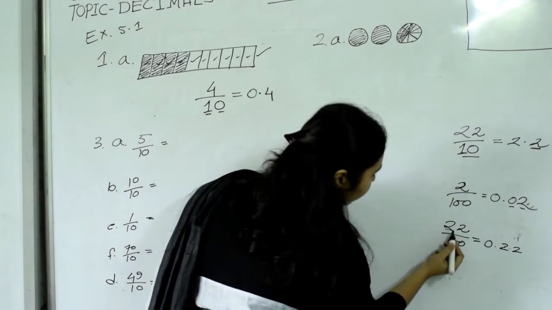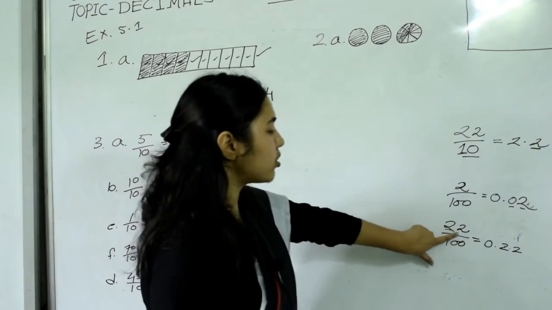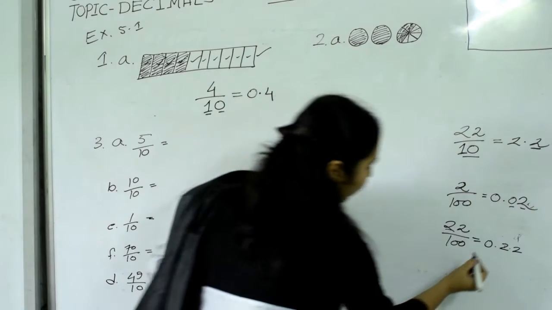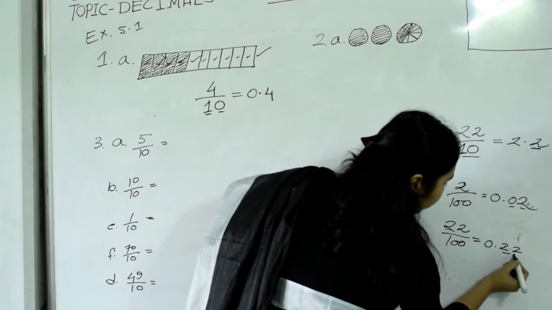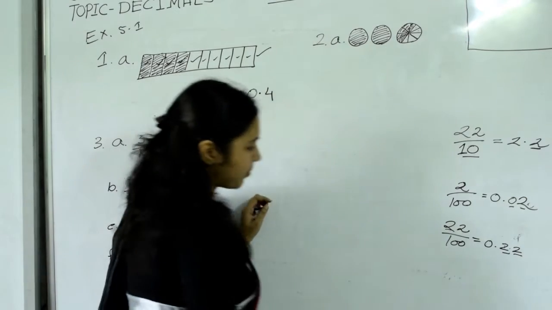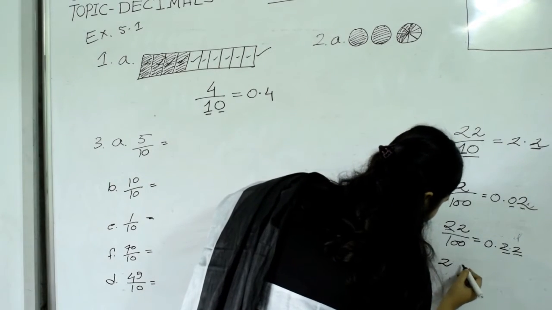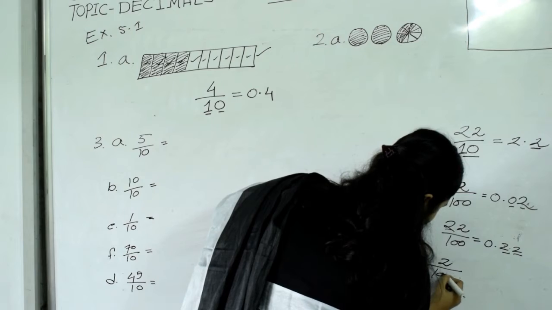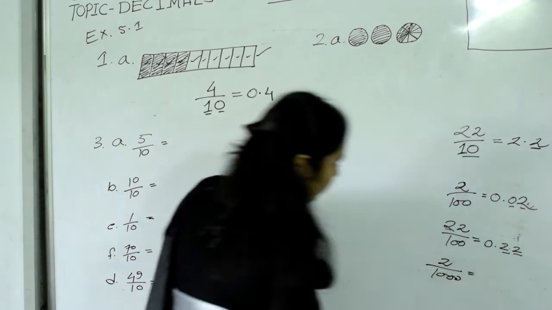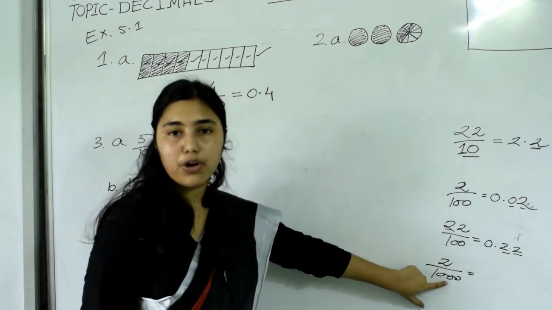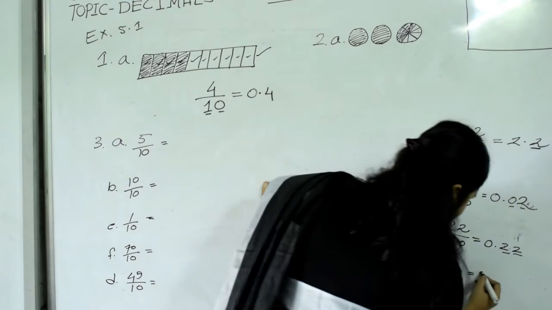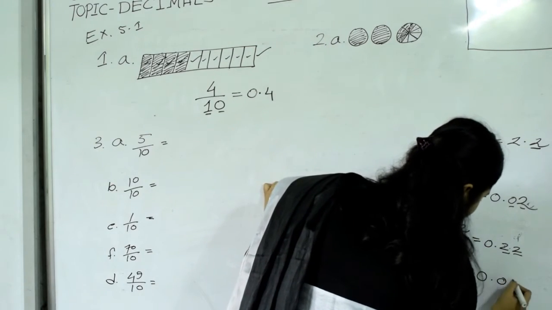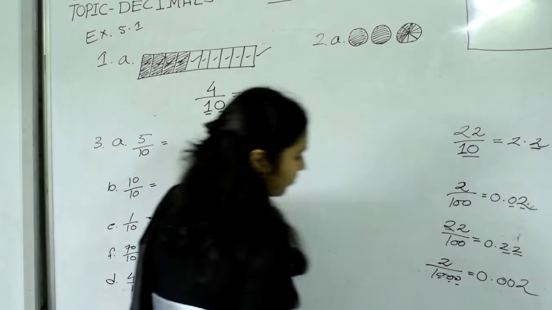Because here in our numerator we have 2 digits, right? So insert this point at 2 decimal places. Next, if we divide 2 by 1000, here 1 is followed by 3 zeros, right? So write here 0.002.